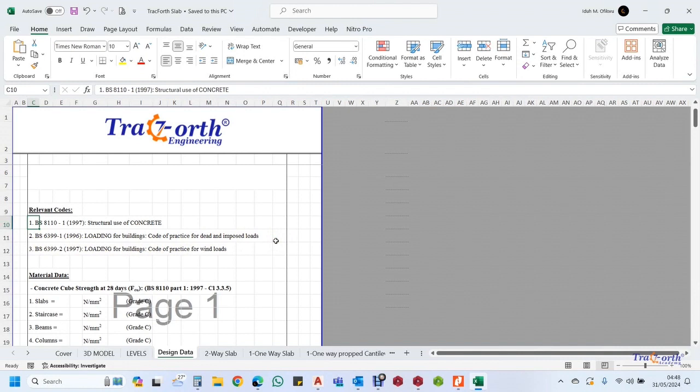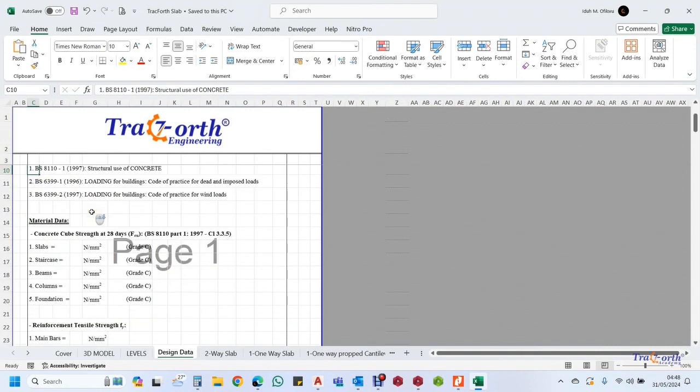Then we have BS 6399 Part 2 1997, loading for buildings, code of practice for wind load. Even though we are not going to be using wind load here for our design of slab, we are going to be restricting ourselves to only vertical load, vertical combinations. Okay, so you select your relevant codes.